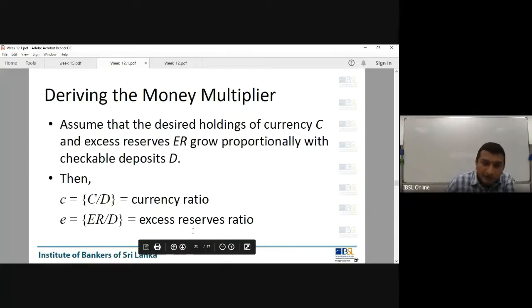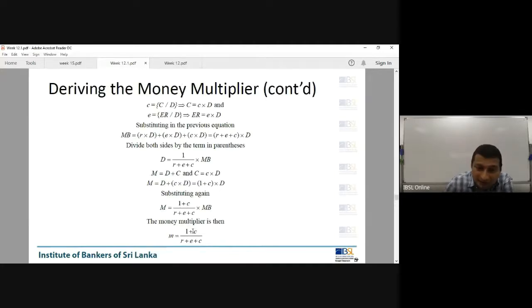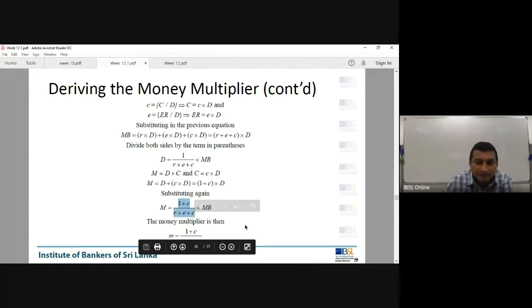That's what we were doing all this time. And this small m is this component, the money multiplier that has been produced here. So here the money supply is nothing but money multiplier times monetary base. M equals small m times MB. Money supply equals money multiplier times monetary base.